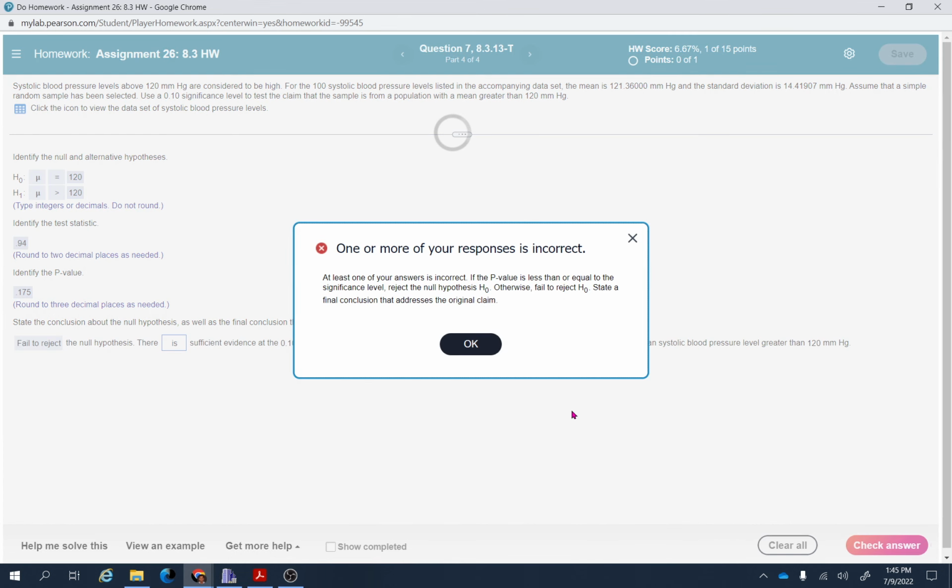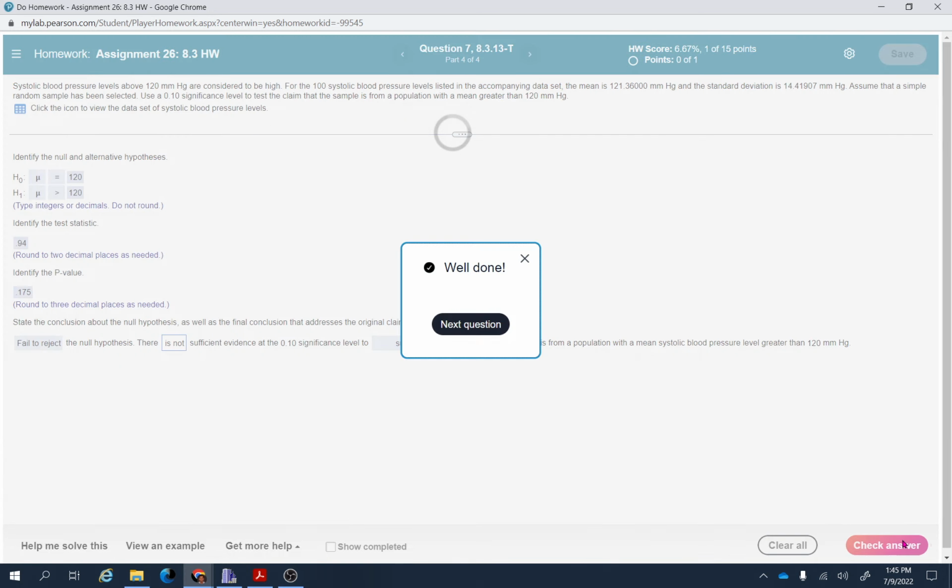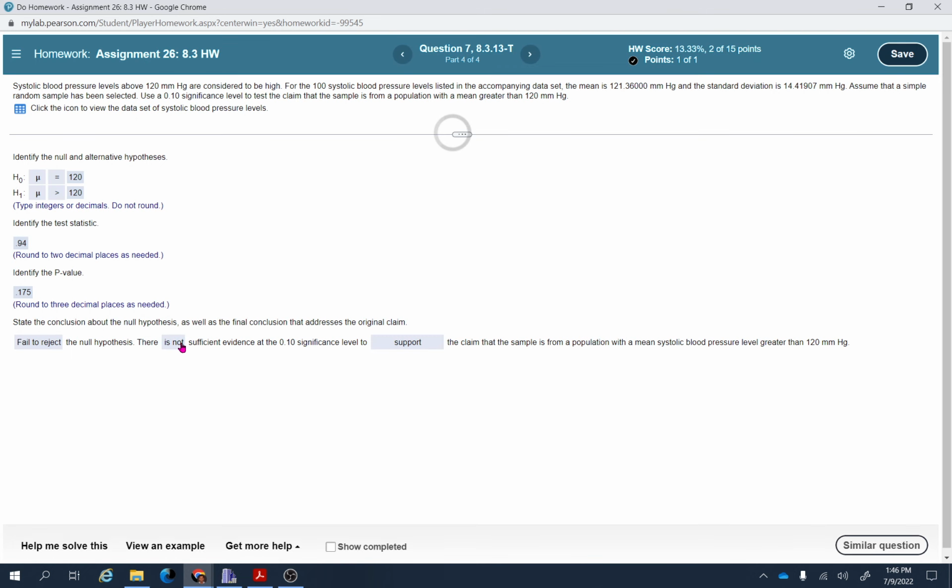Oh wait, what did I do wrong? Fail to reject. So we fail to reject the null hypothesis. There is not sufficient evidence at the 0.1 significance level to support the claim. Yes. Okay, so these are the only two options you have available.